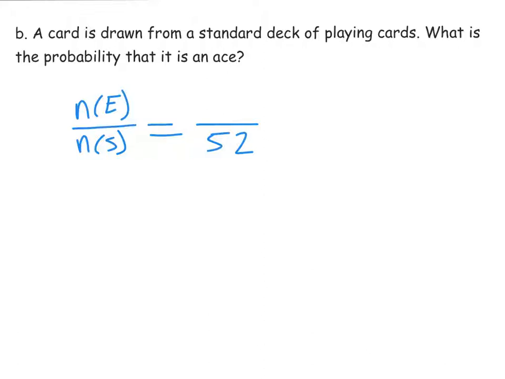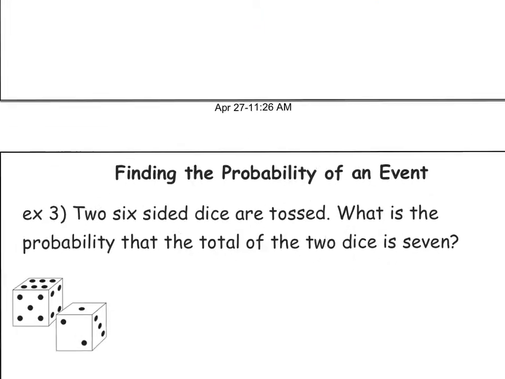There's 52 different ones that you could get. How many are aces? You have to be a little bit familiar with playing cards to get that. There's 4. 4 out of 52, or as a decimal, it would be 0.0769. If you wanted to think about it as a percent, it's about 7.7% chance that you would get dealt an ace.